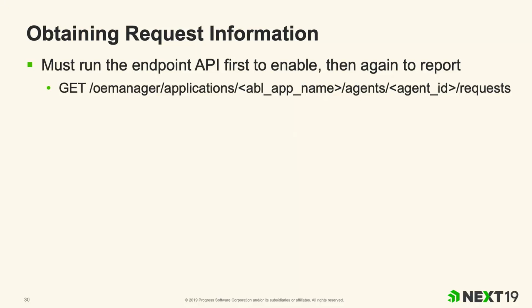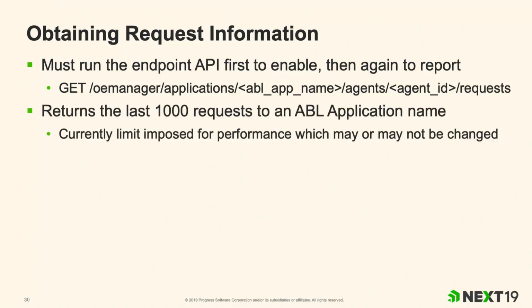I think that's because ABL objects is doing a lot more behind the scenes, so you really need to be sure that you're turning it on for good reason. This one, the first time you hit the request endpoint, you're not going to get anything back. It's basically just telling the system start tracking. From that point forward, it begins a rolling list of the last 1,000 requests.